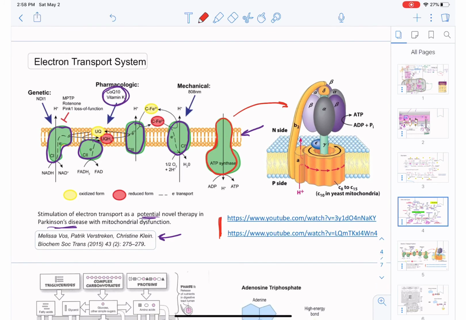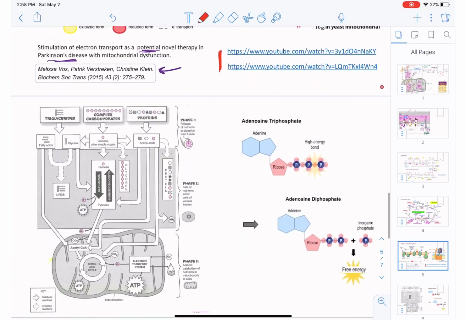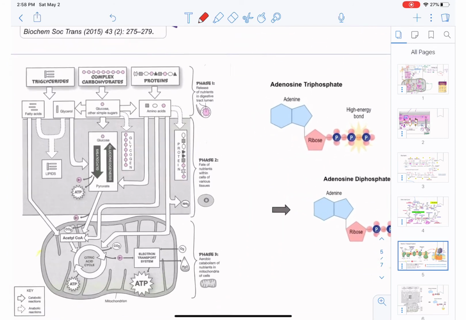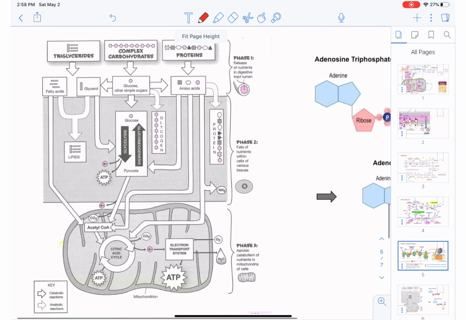And then lastly, we have focused on glucose as a means to generate ATP, but what this figure is showing is that all of the different macronutrients can be used to enter the cellular respiration cycle and generate ATP.